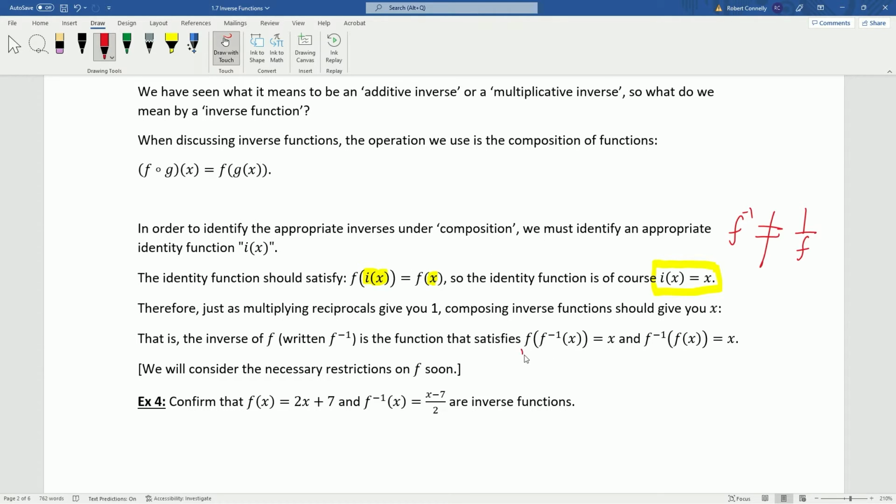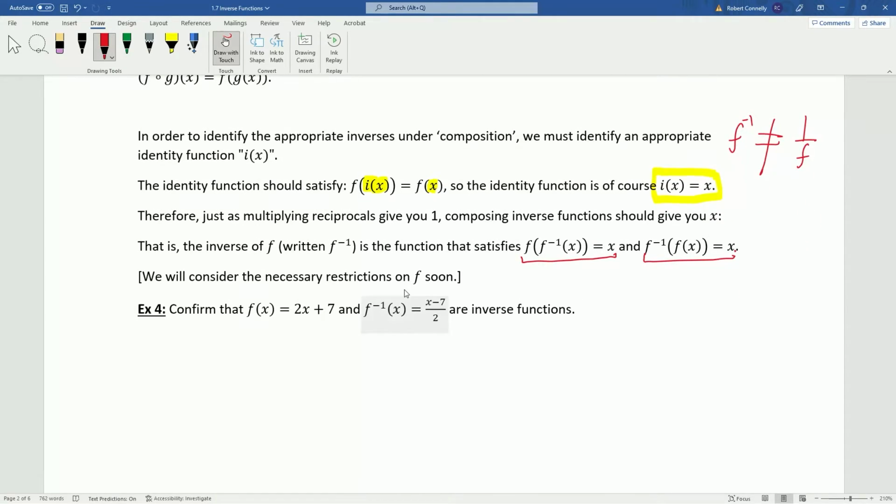So what it means to be the inverse is that when you compose a function with the inverse in either order, you just get the identity back, and the identity for composition is x. That's the key thing here. Do not try to do this. You have to just understand that what an inverse function means is that you compose them and you just get your input back. That's all. Okay, so hopefully that makes sense and clears up this really common confusion.